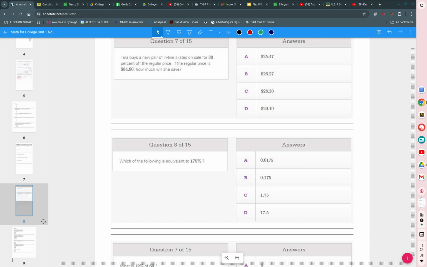First one, Tina buys a new pair of inline skates on sale for 30% off the regular price. If the regular price is $84.90, how much will she save? Go ahead and work with the person next to you. Try these 3. Make at least a guess for each one. Circle what you think the answer is, check with the person next to you, and see how you think you did. We'll go over them together in about 4 minutes.